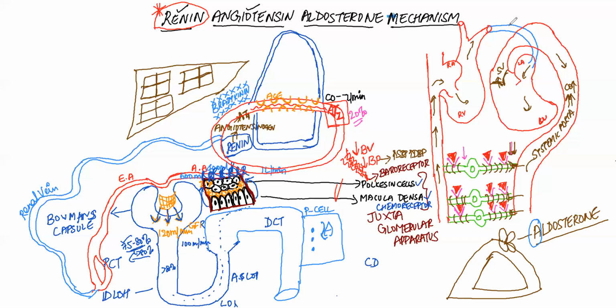Now, when aldosterone comes and binds on this particular receptor, it will activate these 1, 2, and 3 genes. Now, when there is activation of the first gene, there will be formation of sodium potassium ATPase pumps on the basolateral membranes.